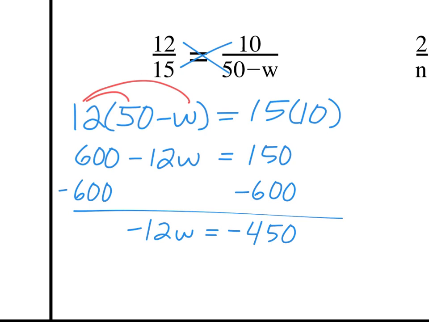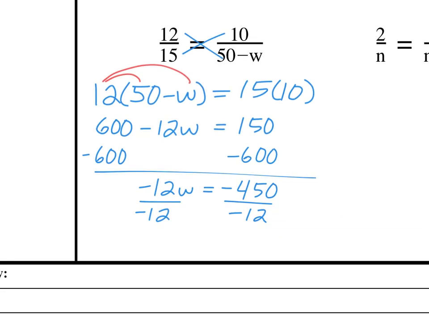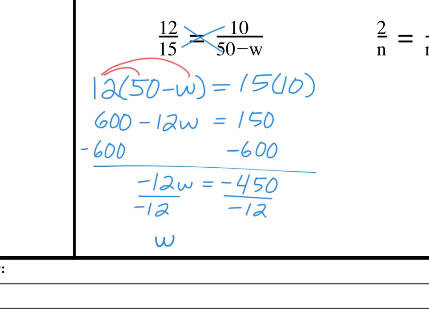This is negative 12 times w. It is not negative 12. That's not subtraction, so you have to divide by negative 12. You should get a decimal. 37.5.